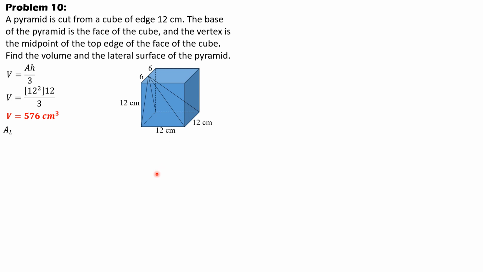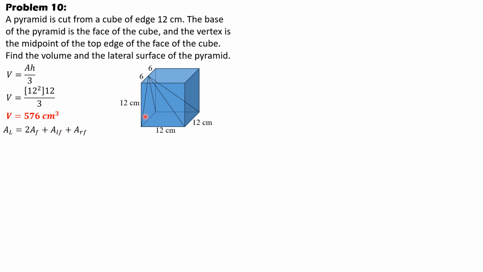For the front face, it is just 1/2 of base 12, and this is the height because this is 90 degrees. This height here is square root of 6 squared plus 12 squared. So that's for the front face.